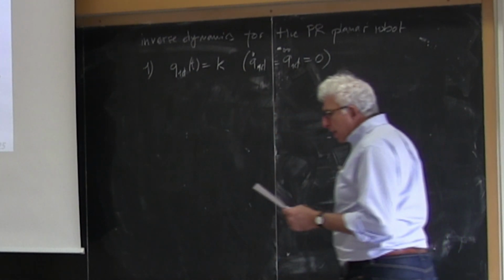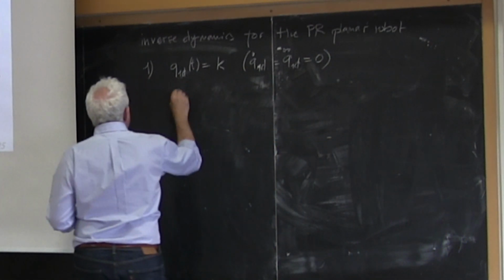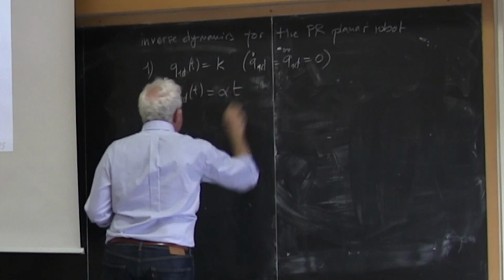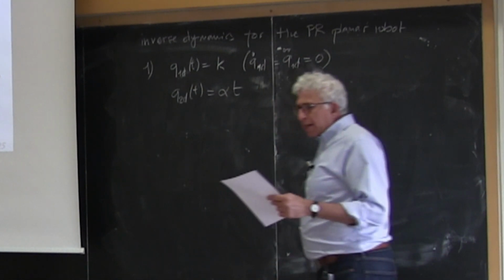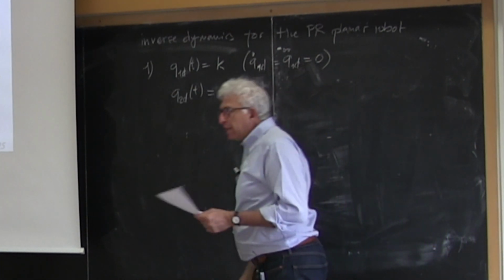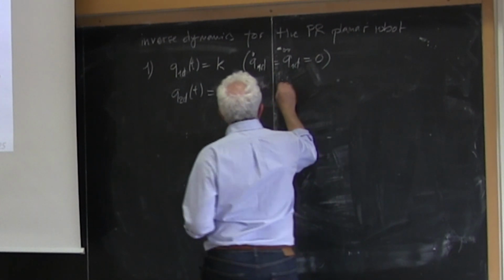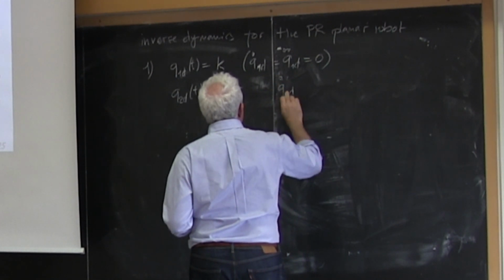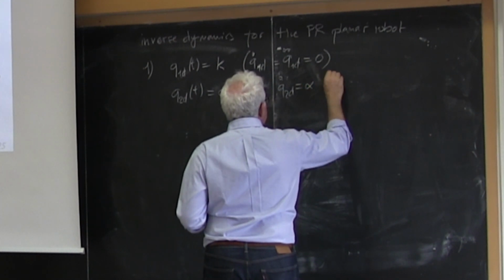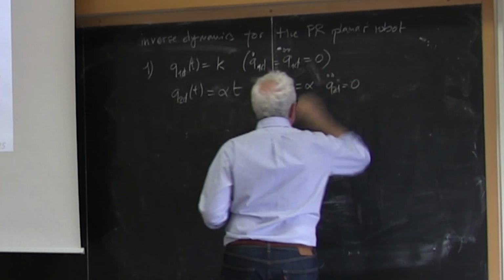Okay? And for the second joint, we have an evolution like this: alpha, and alpha may be positive, times t, which means that Q2 dot desired is equal to alpha, and Q2 double dot desired is equal to 0.